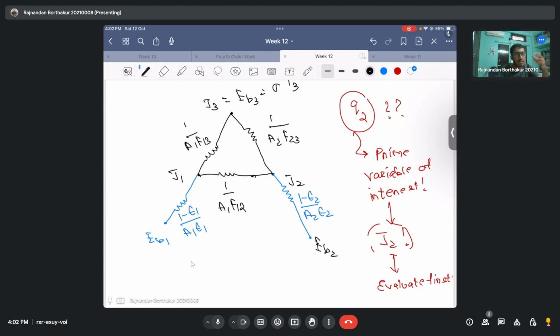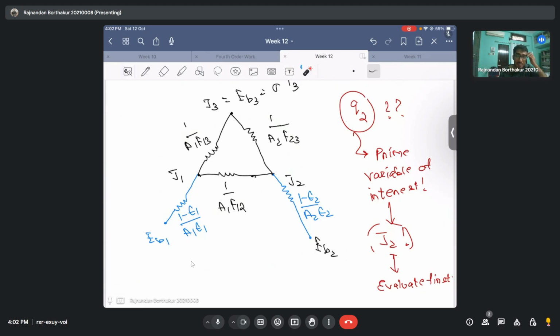If you studied class 12 physics, you will be aware of Kirchhoff's junction law. We will use exactly this law, however in the radiation context. In other words, whatever current is coming in this direction, current meaning that here it will be the flux.